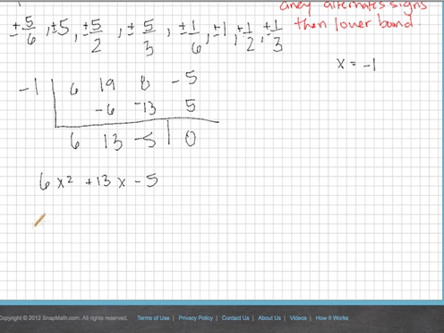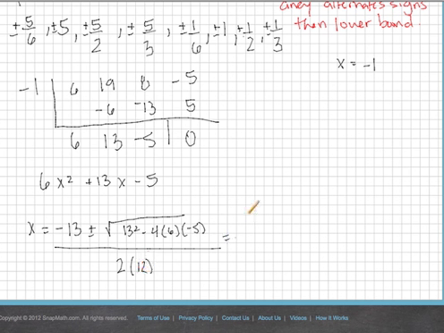So we're going to rely on our handy-dandy quadratic formula. So x is going to equal -b plus or minus the square root of b squared minus 4ac over 2a.